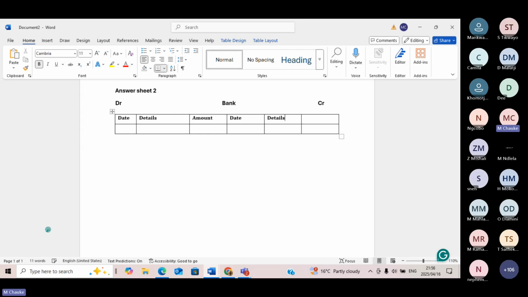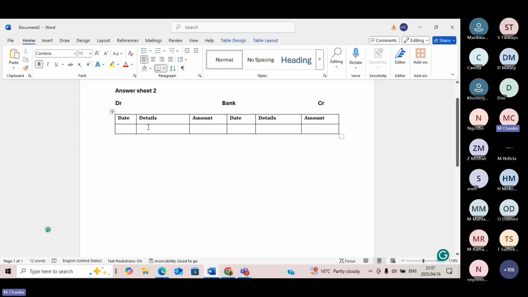I'm not going to show the folio because, remember I said, you don't utilize it. So it's going to be date, details, amount, right? So now this must be the account.